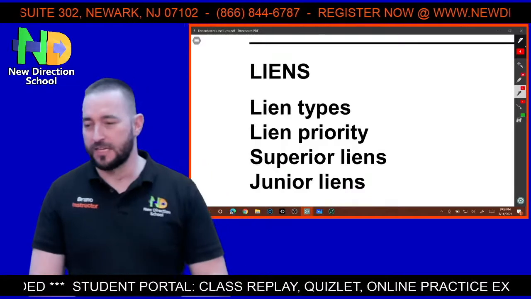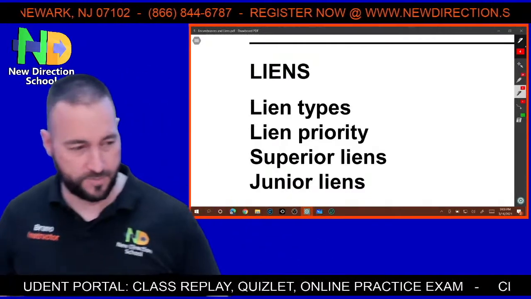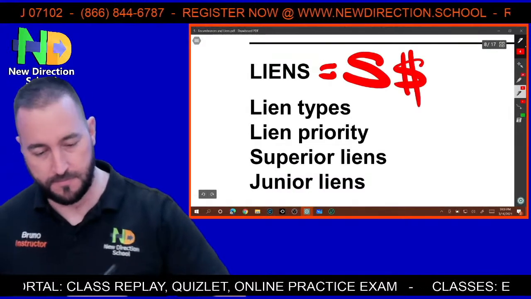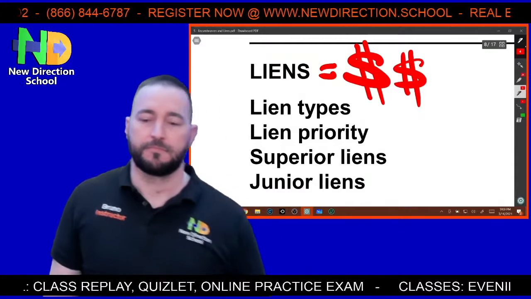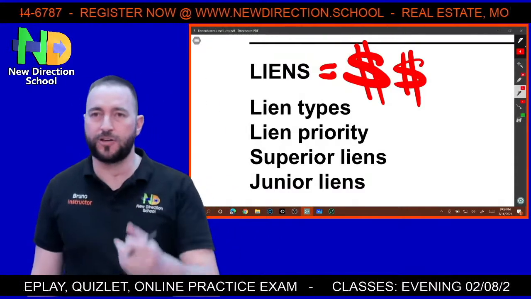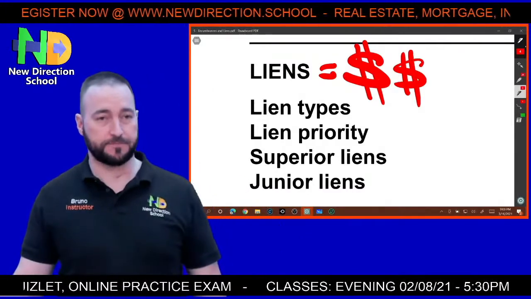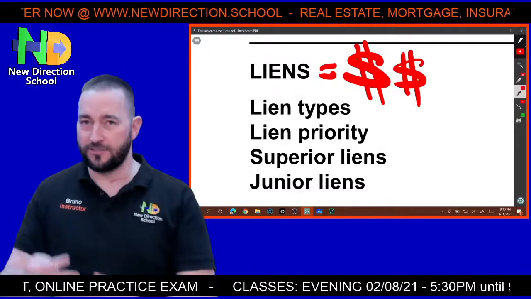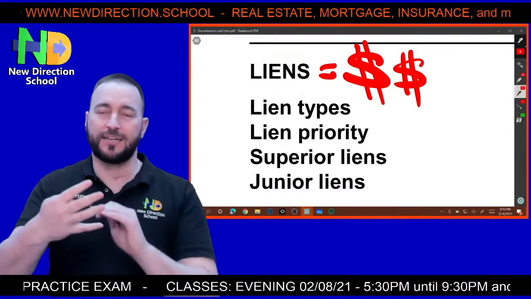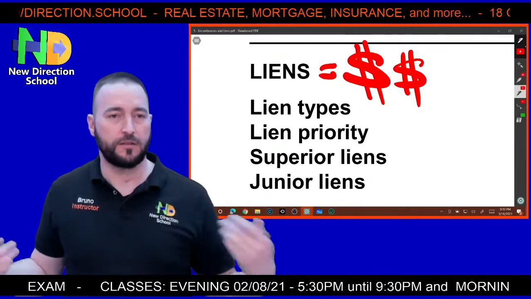All right. Liens. You guys already know what a lien is. Money. Perfect. So there's a financial claim. Every time you see lien, look at the question. All these are examples of liens except. You're going to look at the 4 answers, and you're going to eliminate which ones have nothing to do with money.